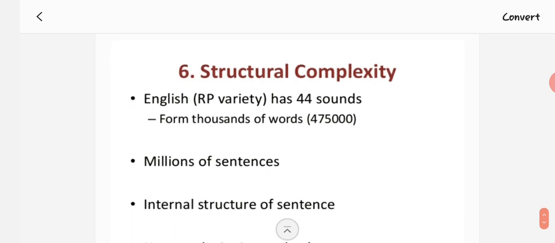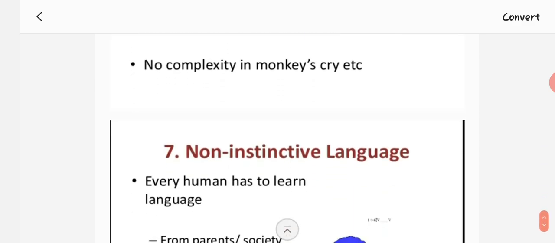And if we talk about structural complexity, in the specific language of English, it forms thousands of words. Here are the approximations of the sounds and the words. You can see millions of sentences are there in this structural complexity of the English language, and the internal structure of the sentences is here.